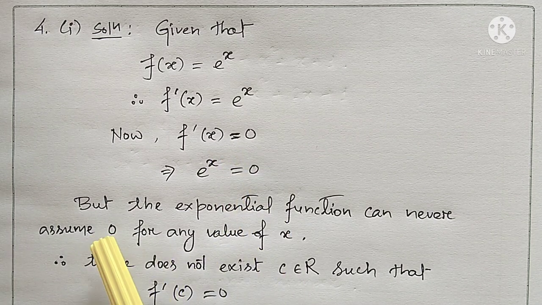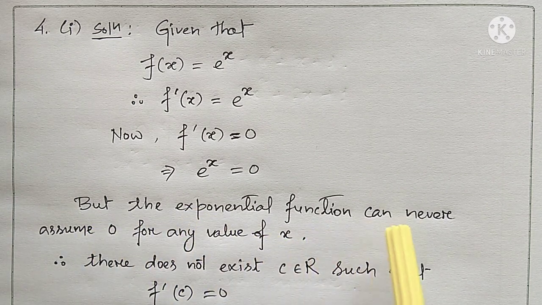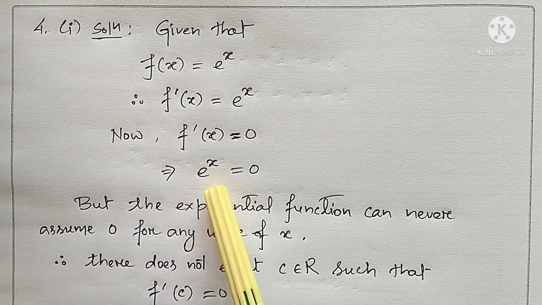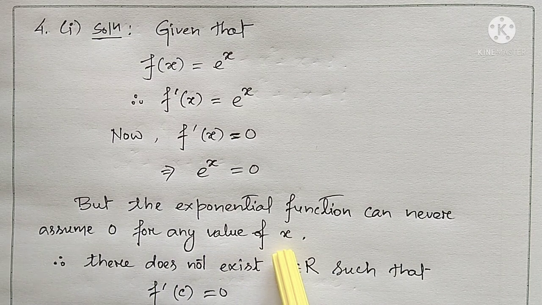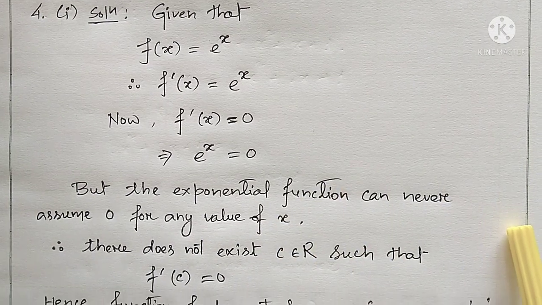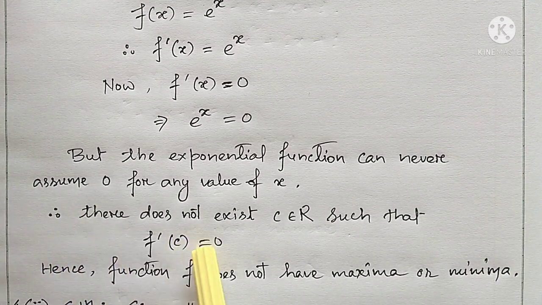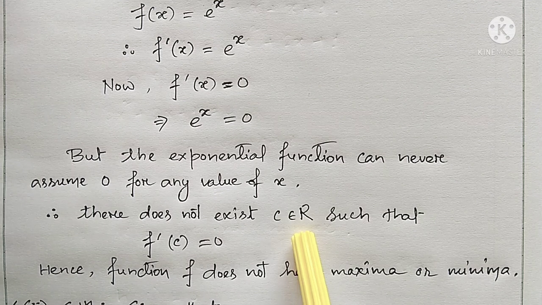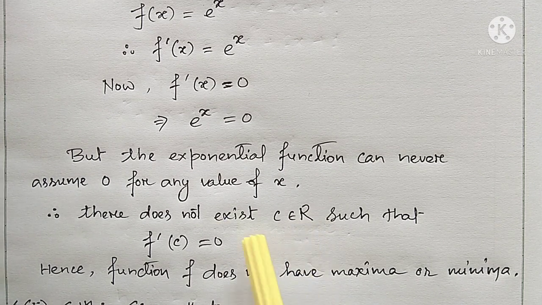The reason is already written here: the exponential function can never assume 0, for any value of x, whether positive or negative. Therefore, there does not exist c belongs to R, where c is any constant real number, such that f dash of c equals 0.